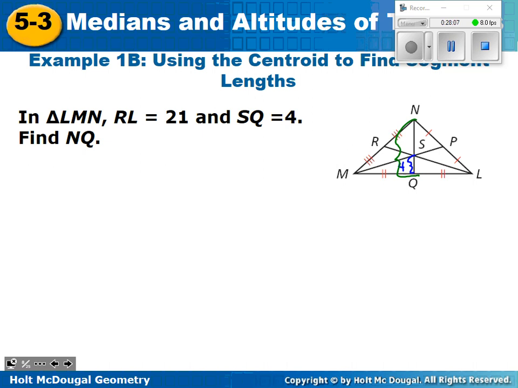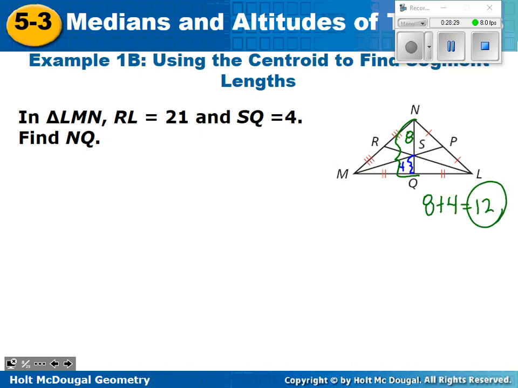The whole. SQ, is it the 1/3 or the 2/3? 1/3. So if one of your thirds is 4, what is 2 of your thirds? 8. So that means we know NS is 8. And so what is NQ then? 12. 8 plus 4, which is 12.